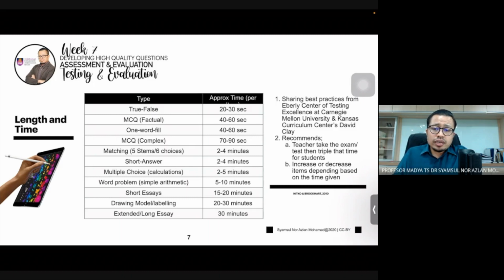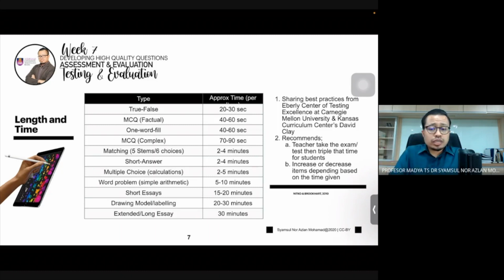As you can see here, I shared with you best practice from the Eberly Center for Teaching Excellence at Carnegie Mellon University and the Kansas Curriculum Center, David Clay. This table tries to explain how much time we can spend, and we can estimate the best time for one set of questions.